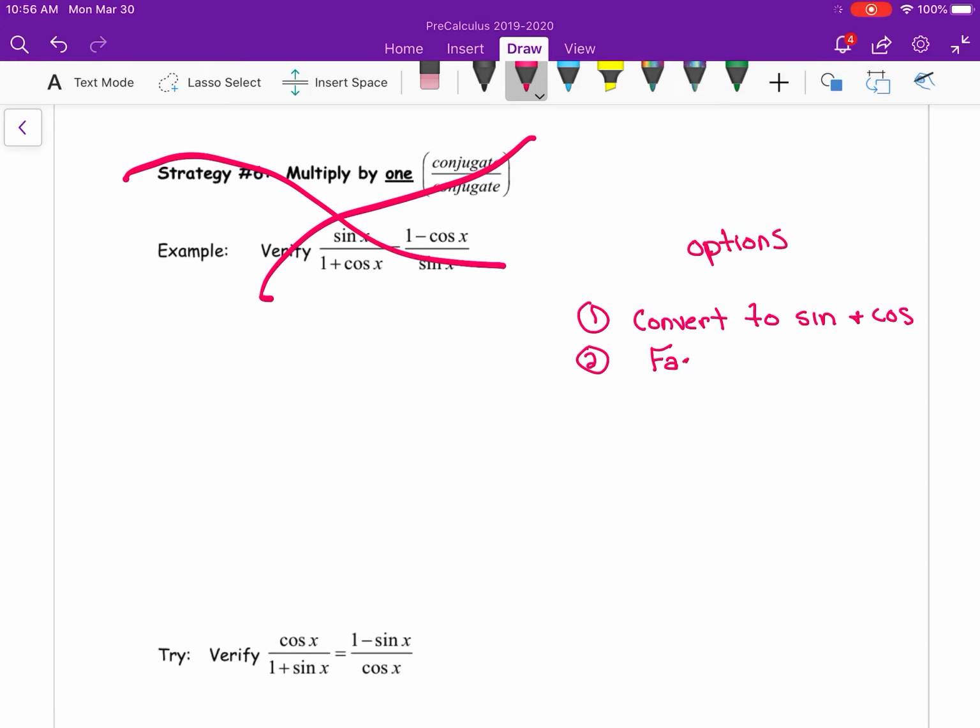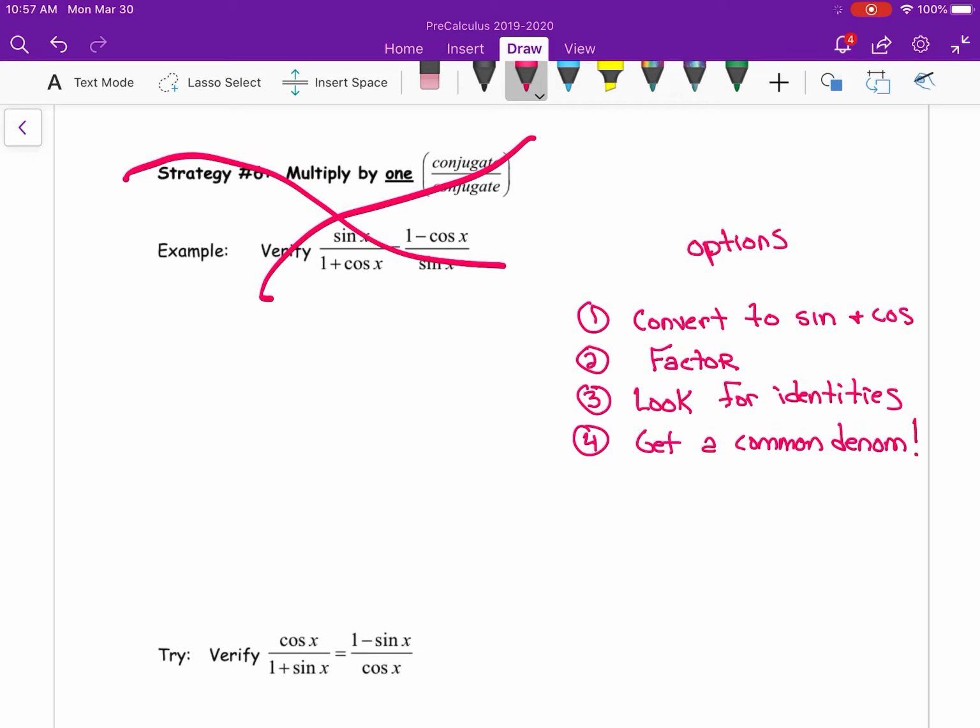You can factor. You can look for identities. You can get a common denominator. So if all else fails, try one of these options and see if that can help you.